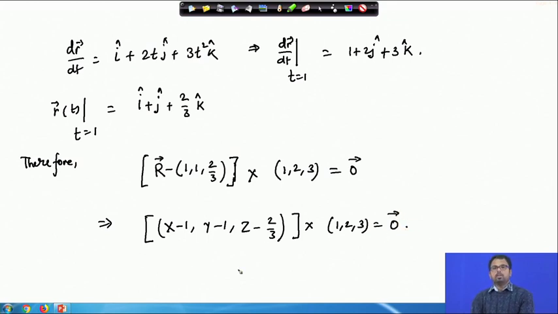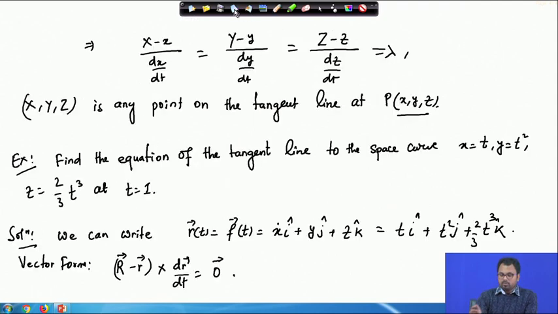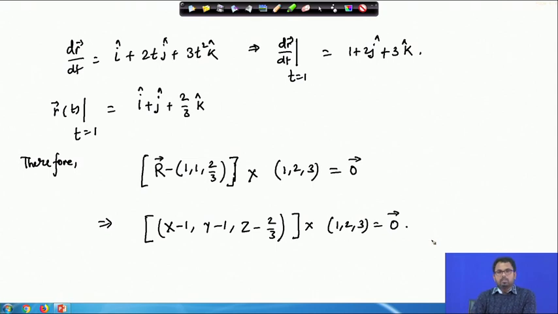So, this is the required equation of the tangent line at the point P to the space curve given by r(t) equals this equation, that is, cross product with the tangent dr/dt equals the 0 vector. This is how we calculate the equation of the tangent line in vector form.